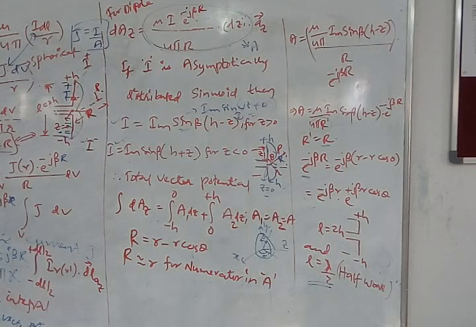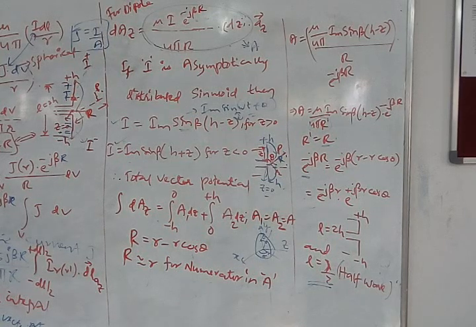Why? Because it is a changing component, since it is e power minus j beta r. The phase is going to change continuously while the wave is propagating in the medium. So we are not substituting small r in the numerator part.